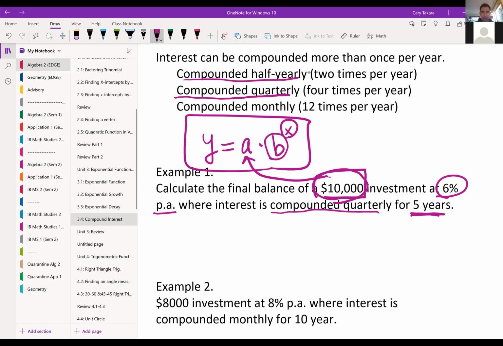Well, if it is just once a year, your equation will be 10,000 times 1.06 to the 5th power, right? And actually, let's figure out how much it's going to be.